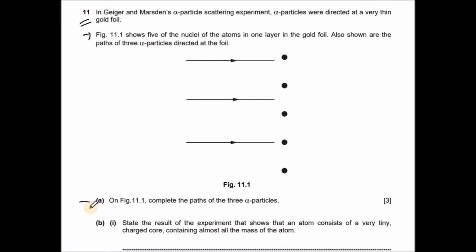In part A, on figure 11.1, complete the paths of the 3 alpha particles. Look at the diagram. These are 5 atoms in one layer of gold foil, and you have 3 alpha particles.